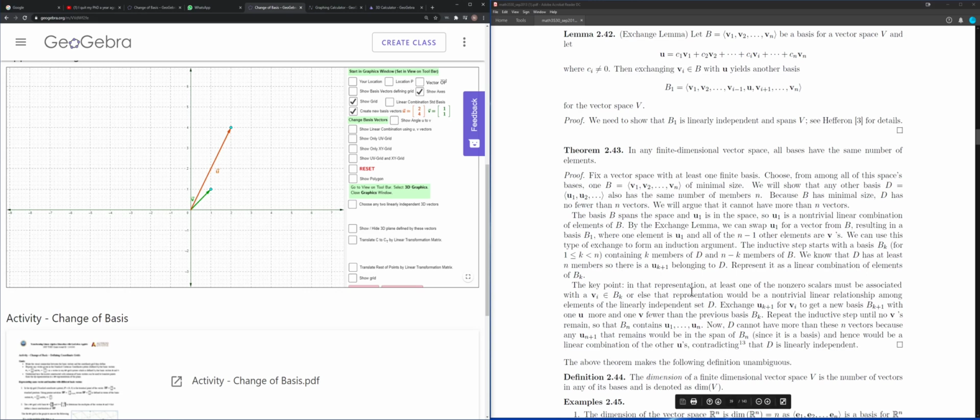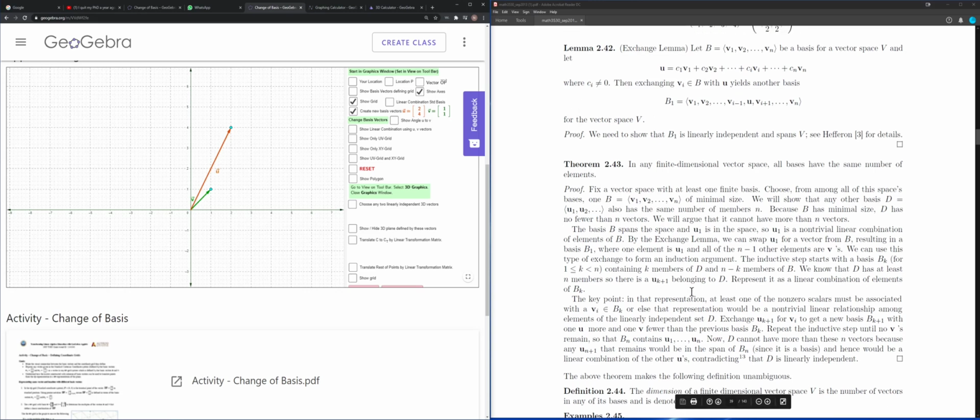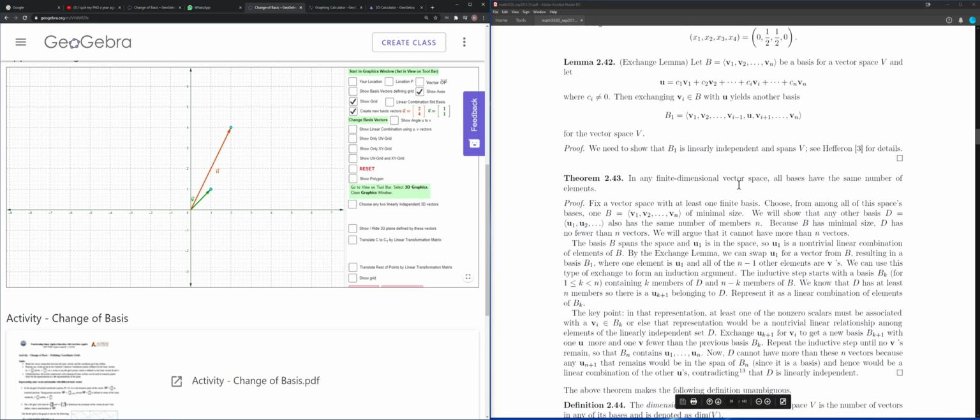That is the statement of this theorem: if I have a finite dimensional vector space, all bases are going to have the same number of elements. You could have different bases, for example the black one over here is one basis and the red and the green is a different basis.